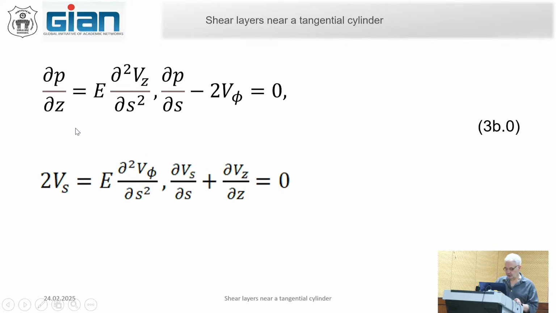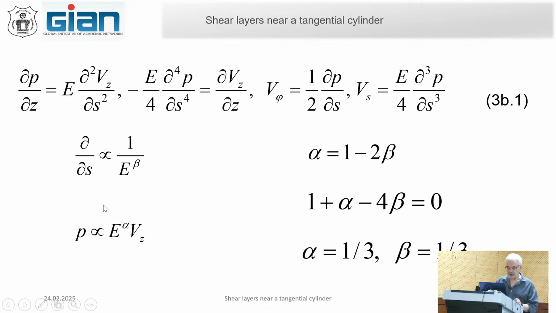So this is the major system of equations, which by identical transformation would be reduced to the equation just for the pressure and for the velocity in this direction. And so actually these two remaining equations are consequences of these two equations. So we can at the moment forget about these two other components of the velocity.